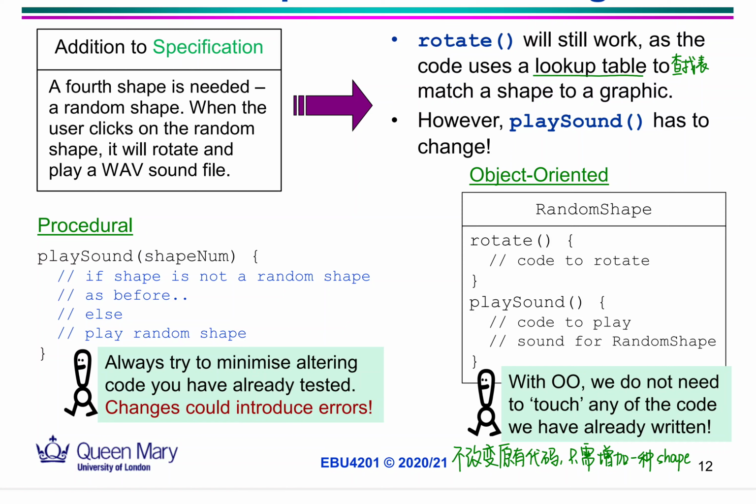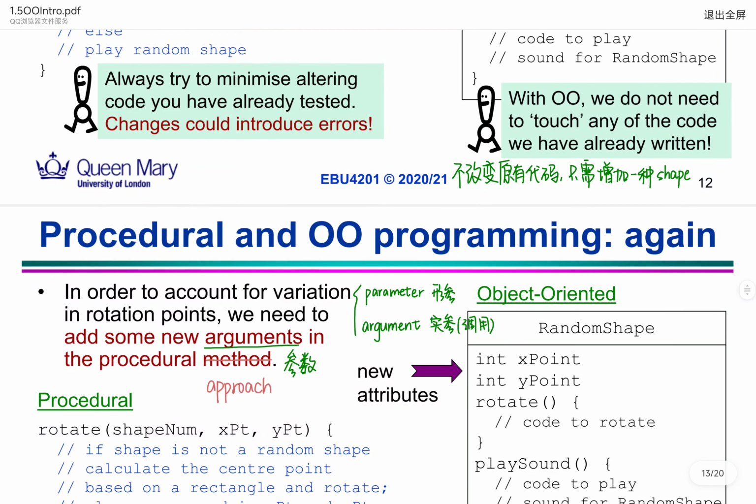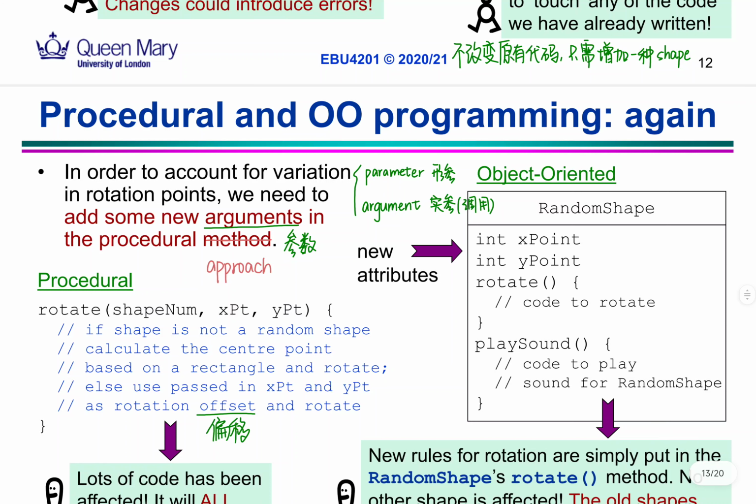If shape is not random, if else, and then play. However, when the requirement changes, we don't need to touch any code we already have, only update. In order to account for variation in rotation, we need to add some new argument, like how many degrees.